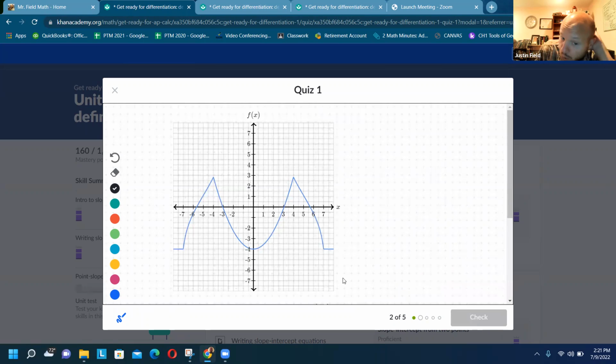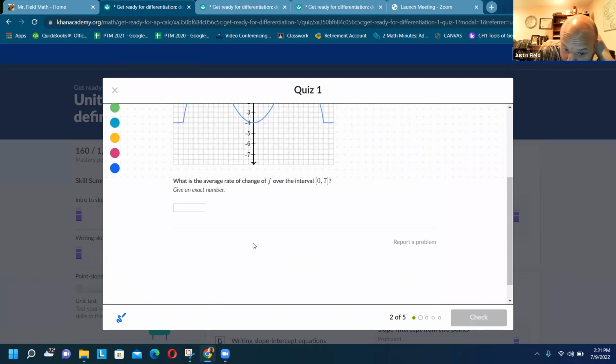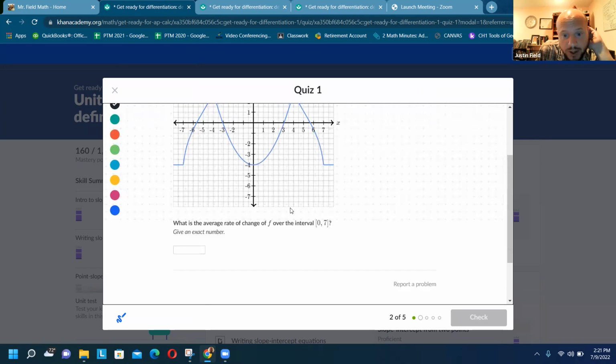Okay. Whoa. What is the average rate of change? Aha. The average rate of change on the interval 0 to 7. So that's talking about when x is 0 and when x is 7. Now we need to find the y values.